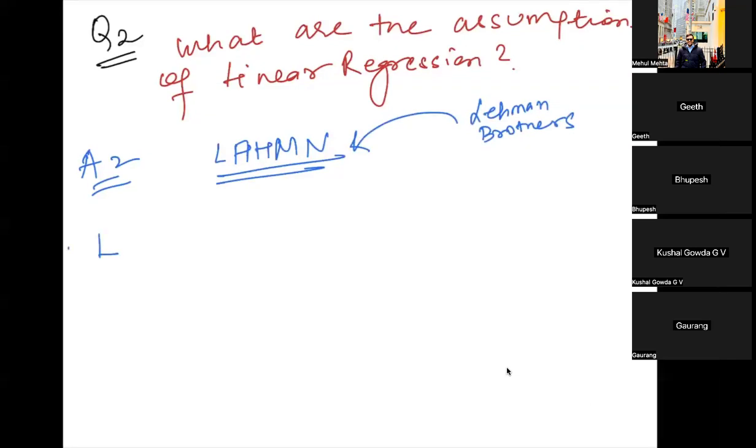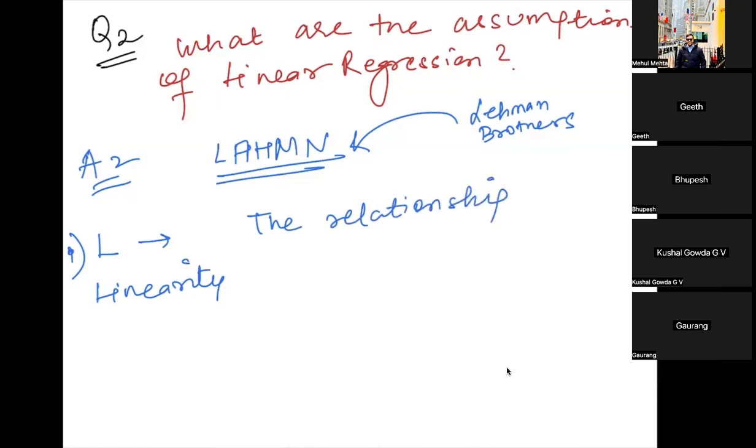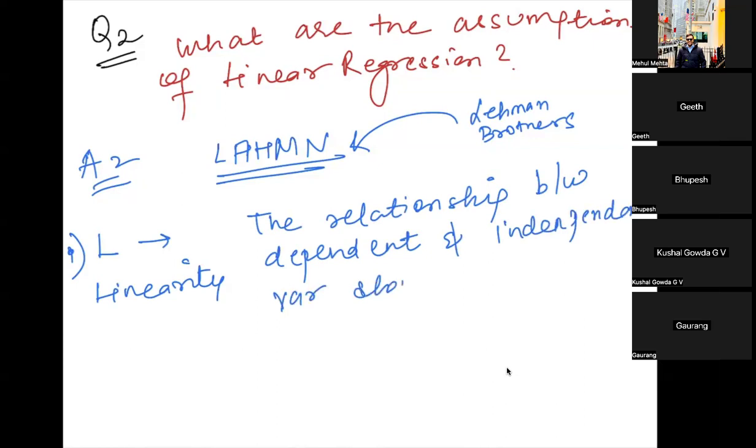L is the first assumption, which is linearity. Linearity means that the relationship between the dependent and independent variable should be linear.